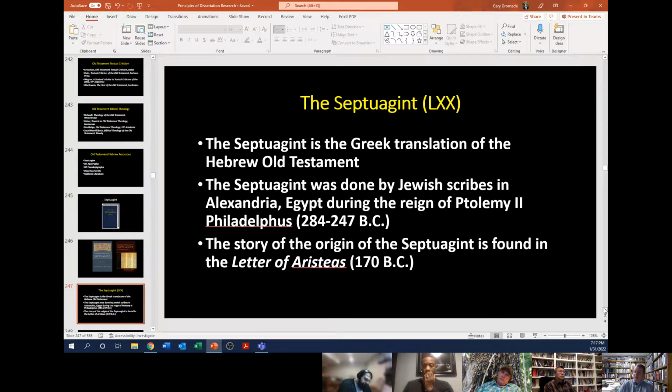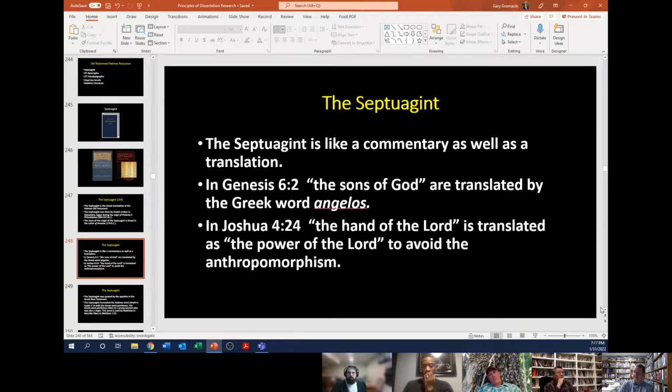And the story of the origin of the Septuagint is found in the Letter of Aristeas, 170 BC. So the Septuagint in many ways is like a commentary, so you don't want to neglect it, because it tells you what Jews were thinking as they read the Hebrew Bible.